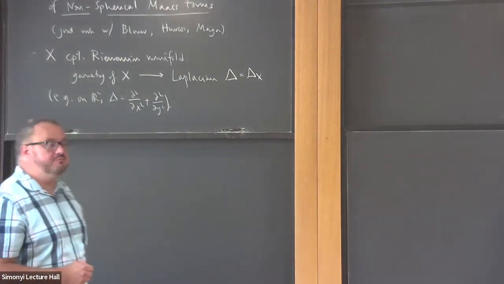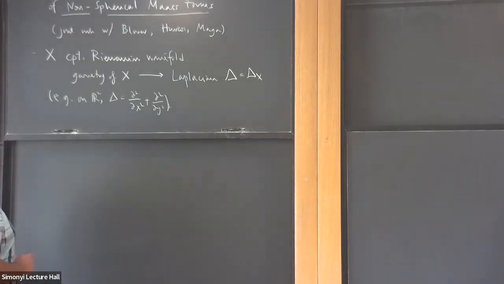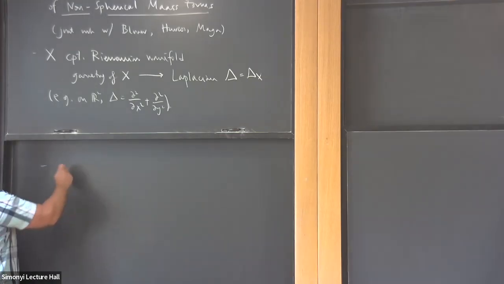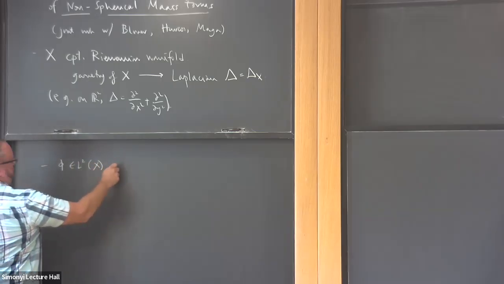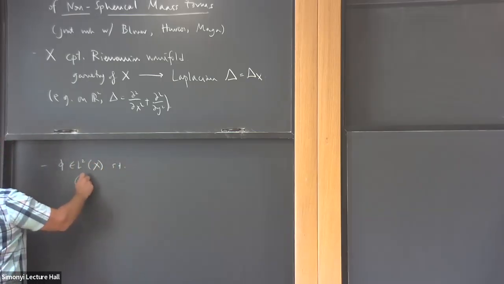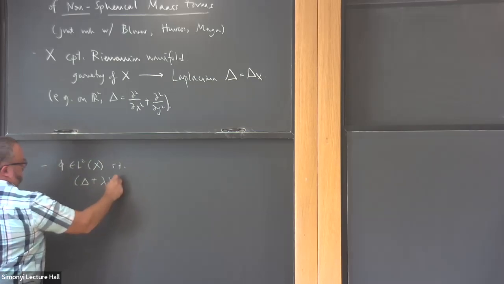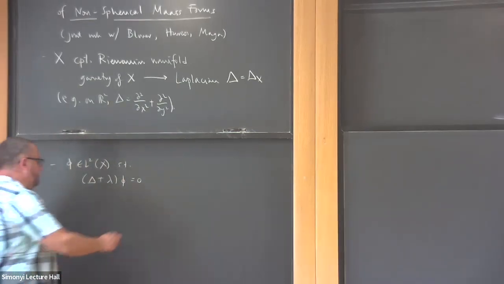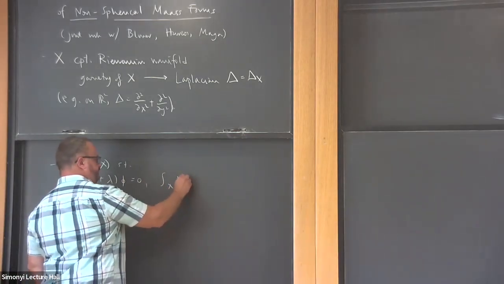And so if you want to do geometric analysis on this manifold, the building blocks would be the eigenfunctions of this operator. So you would be looking at phi in L2 such that they are eigenfunctions of this operator, and I will always normalize them to have L2 norm 1.